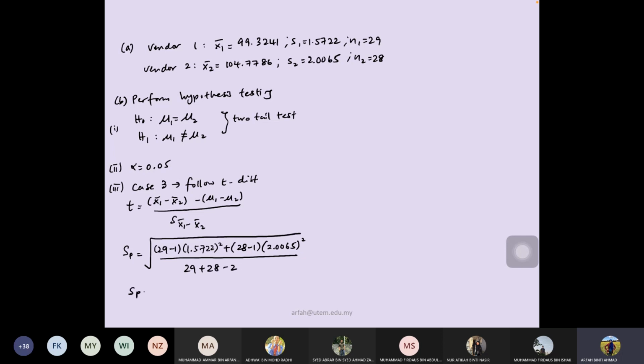So, try to calculate what SP you get. Okay. And then calculate S of X bar 1 minus X bar 2, which is SP times the square root of 1 over N1 plus 1 over N2. Calculate and give me the answer for this one.